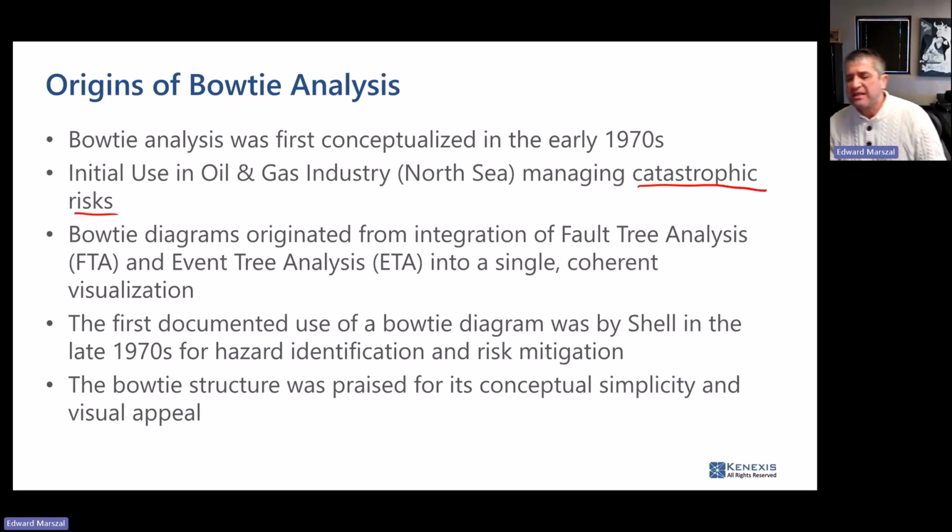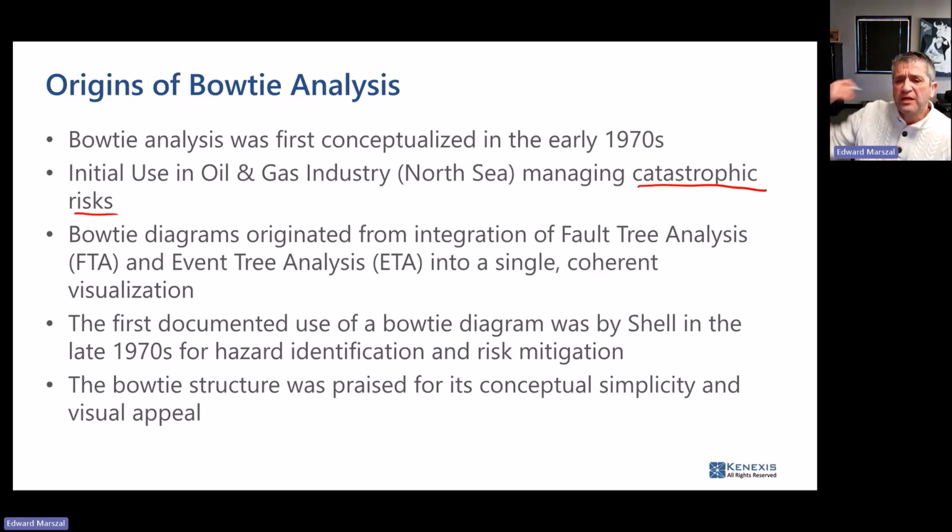So right there's a key that says we're probably not going to want to run a bowtie diagram for every HAZOP scenario. We don't want bowtie analysis replacing HAZOPs because they just take too long to develop.